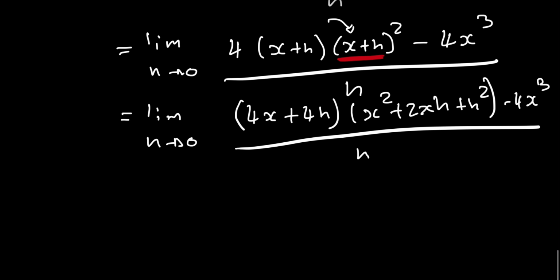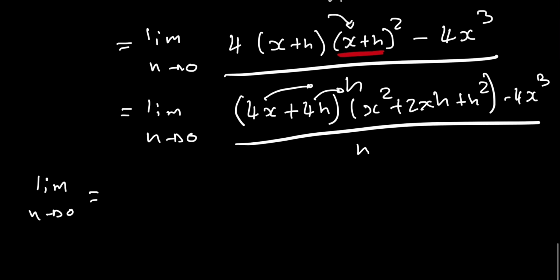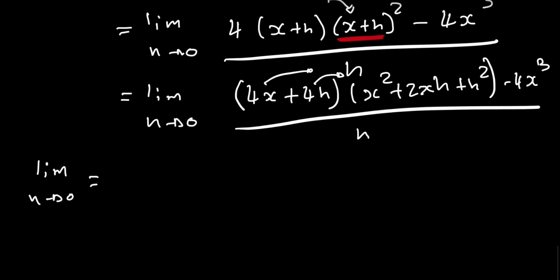After you have done this, you have to multiply out everything in this bracket with everything in the other bracket. So you write your limit as h approaches 0, and then multiply out. 4x multiplied by x squared is 4x cubed. 4x multiplied by 2xh is positive 8x squared h. Then 4x multiplied by h squared is positive 4xh squared.